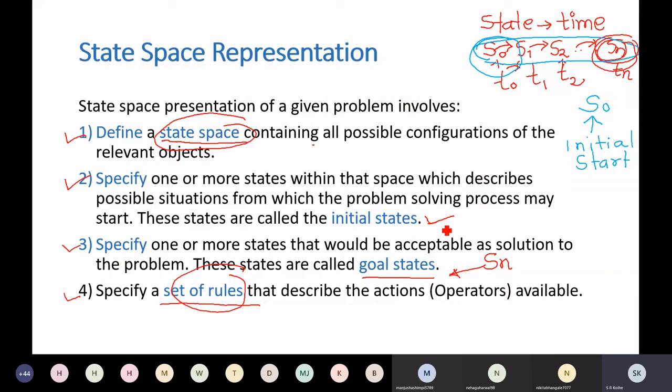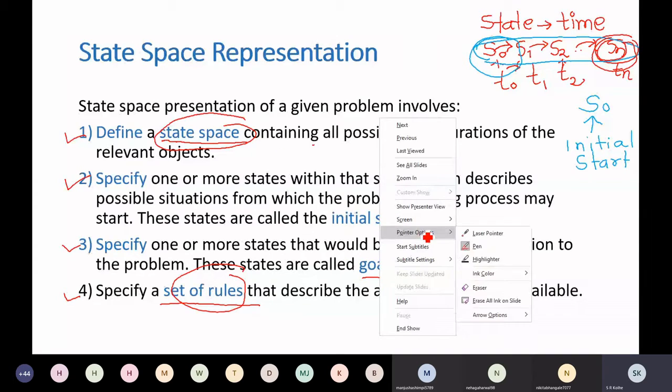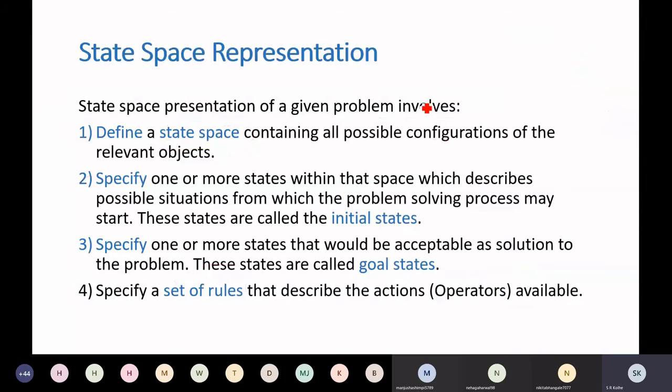So you are going to define a set of rules, initial state and final state, depending upon the problem domain, or depending upon the type of problem that you are going to solve. So in state space representation you are going to define states, initial states, goal states and a set of rules.